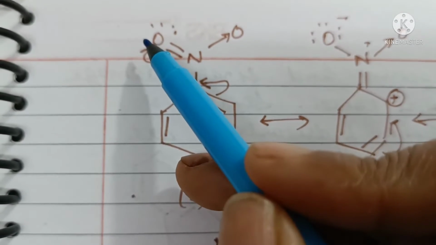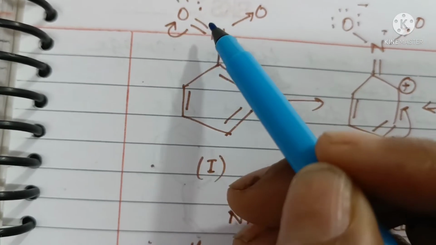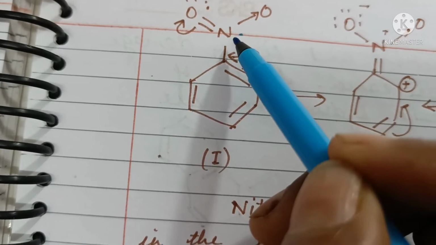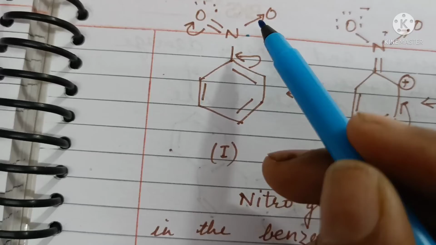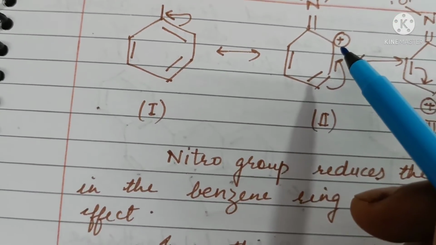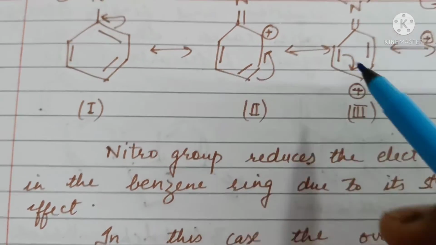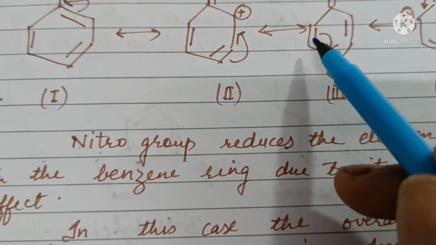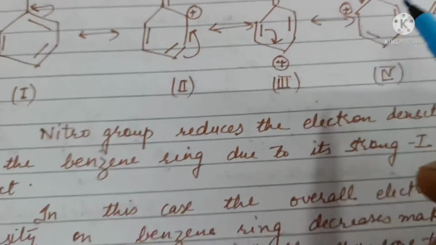The oxygen being more electronegative attracts the shared pair of pi electrons towards itself, resulting in a deficiency of electrons on the nitrogen atom. So it takes the electrons of the benzene ring, thereby resulting in a positive charge on ortho and para positions. In the next structure, these electrons move here and positive charge comes here in the para position. When these electrons move here, positive charge comes on the ortho position.